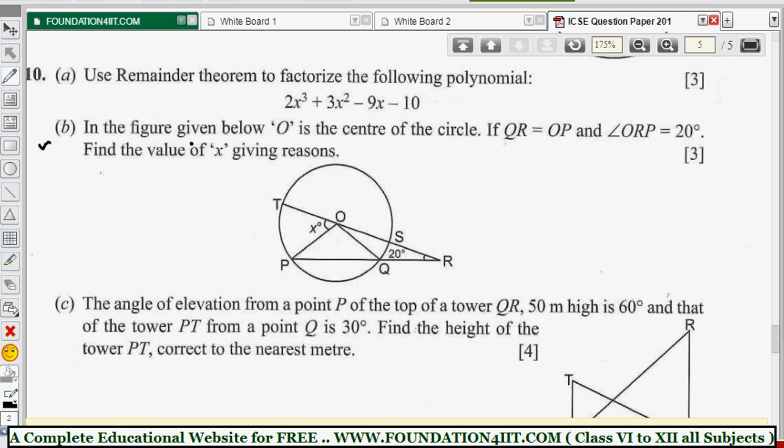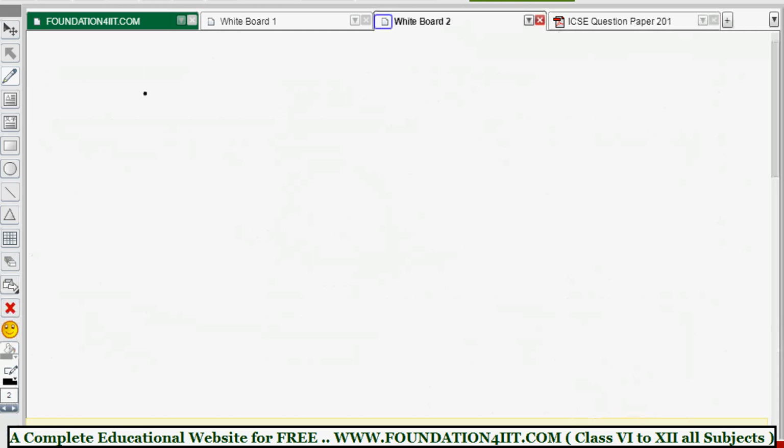Next, in the figure given below, O is the center of the circle and QR and OP are equal. So Q to R and OP, these both are equal. Angle ORP is 20 degrees. This angle is 20. Then find the value of x. Let's take this sum.